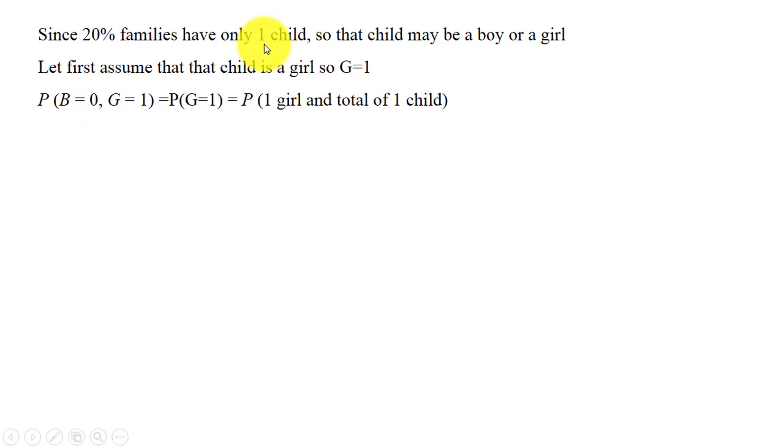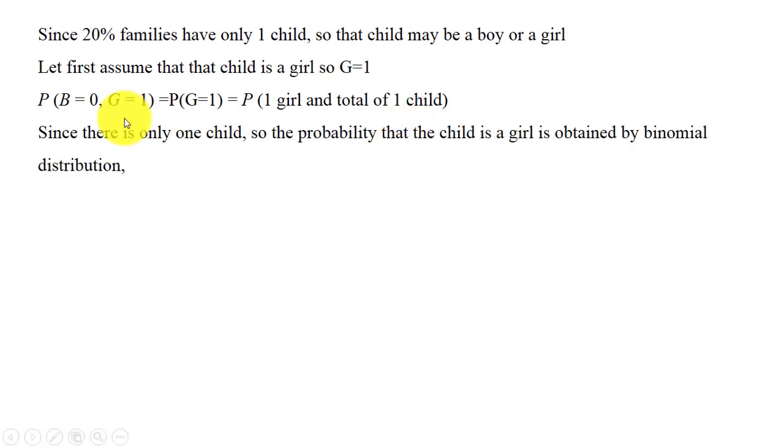We assume that child is a girl. So B equal to 0 and G equal to 1. So the probability of getting one girl, given that the family has only one child, is obtained by the binomial distribution.